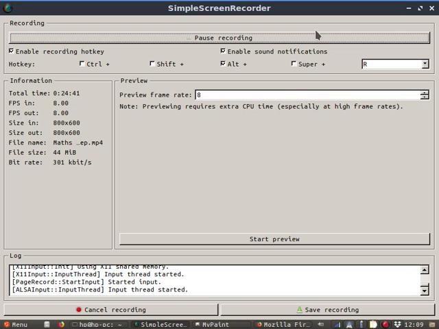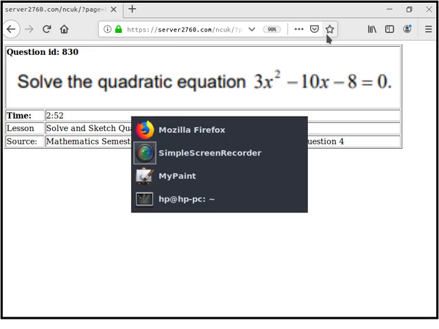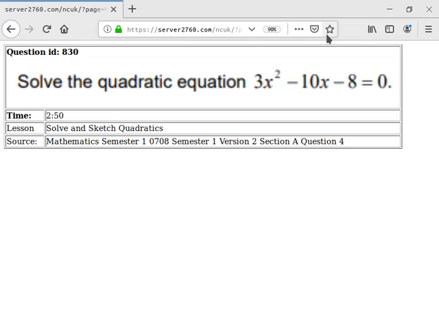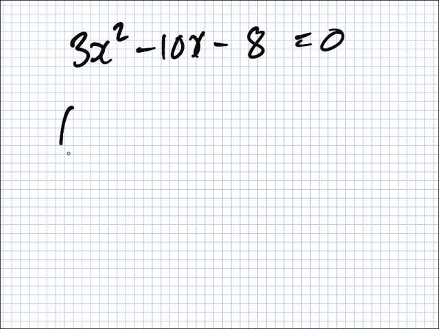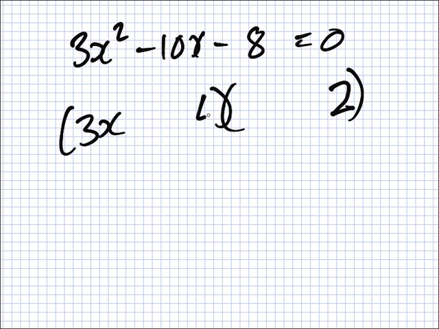Well, it's 3x squared minus 10x minus 8 equals 0. So that has to be a 3. Probably 4 and 2. Because 2 by 3 is 6 and the 4 will make the 10.